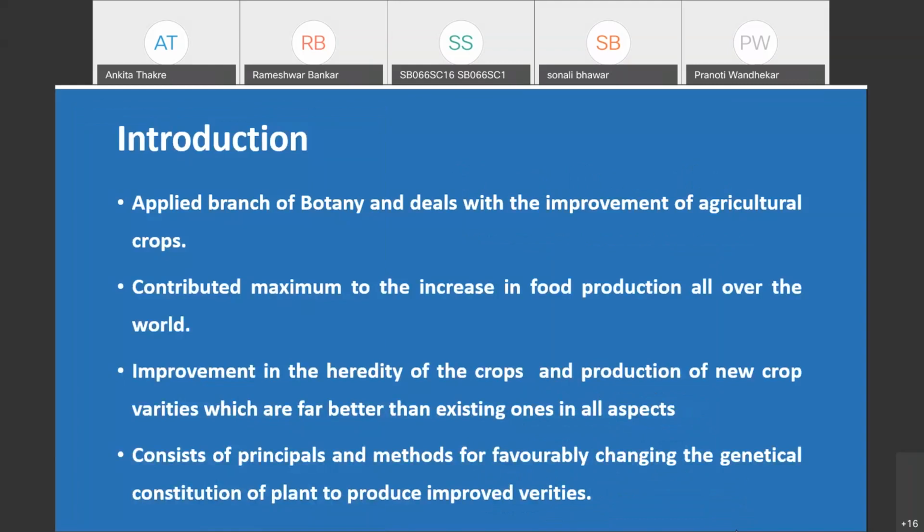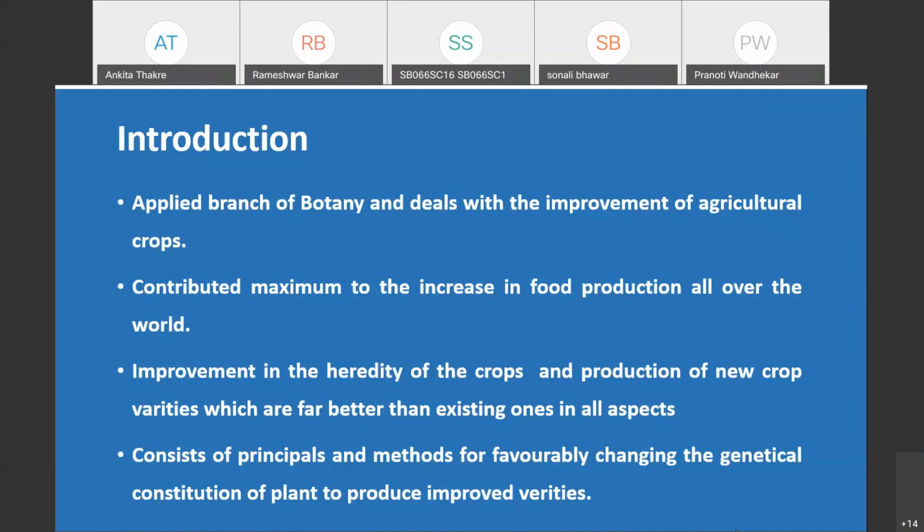This applied branch of botany has contributed maximum to the increase in food production all over the world.